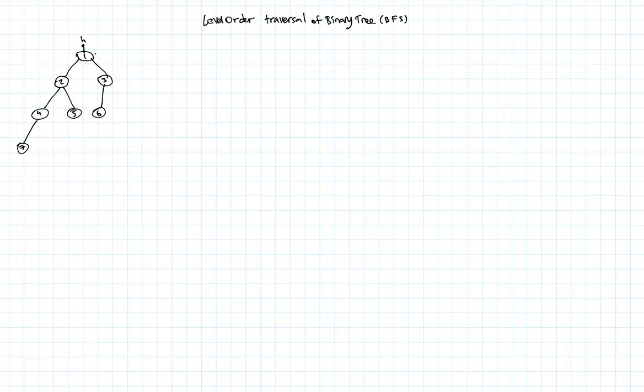The main point here is whenever you are looking for something up here in the top section of the tree, it's recommended to use BFS because it goes level by level.